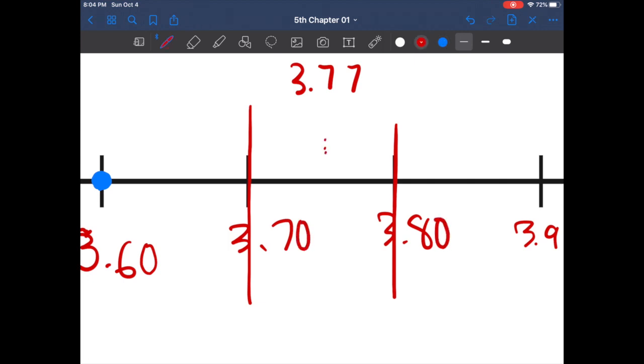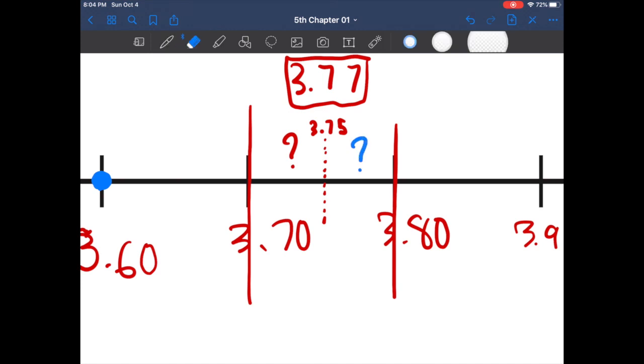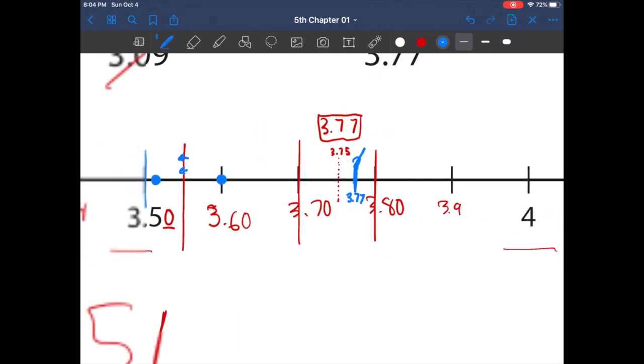That would be 3.75. Now that we have the middle, where would this fall? Would it fall on this side or this side? I think it's going to fall on the blue side because it's bigger than 3.75 but smaller than 3.8. So it's probably right around there. So I'm going to write 3.77.